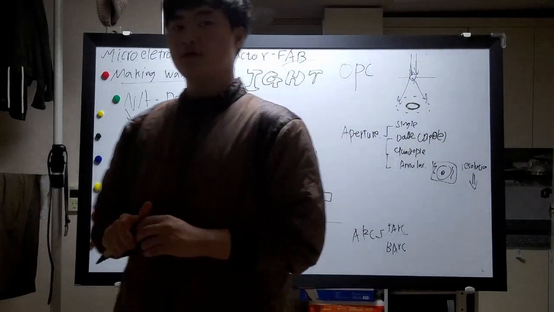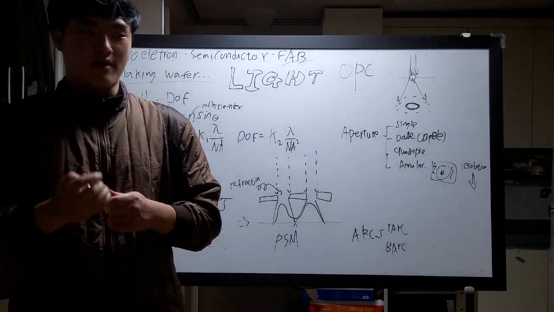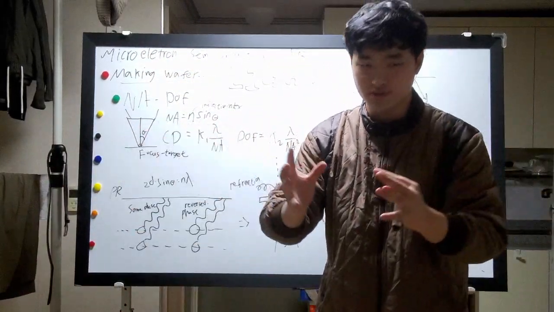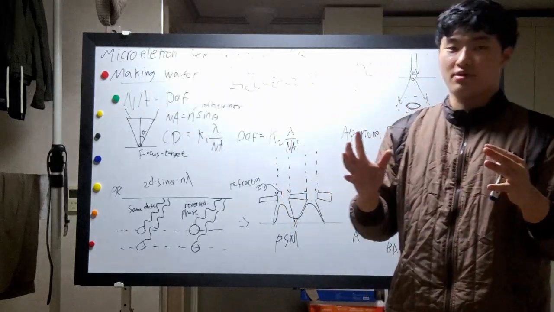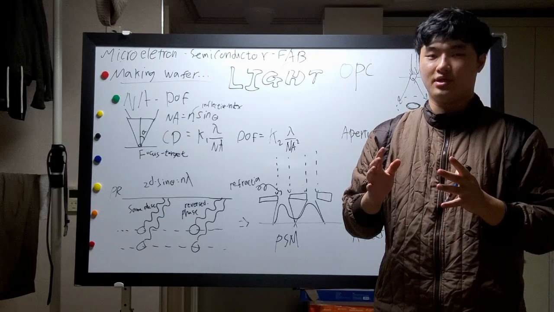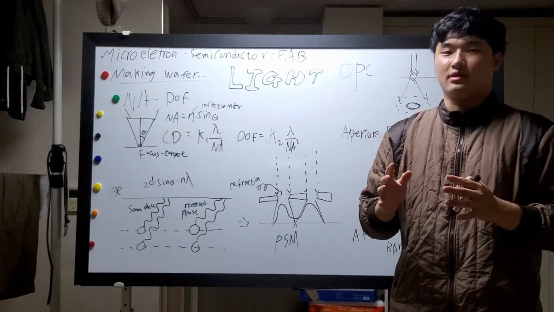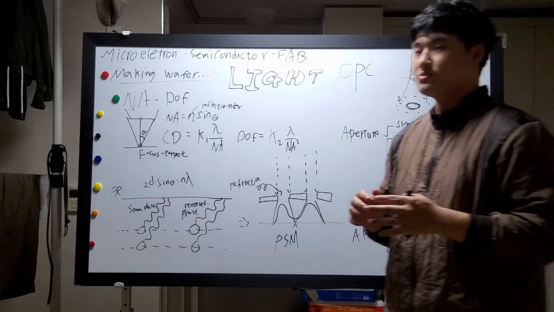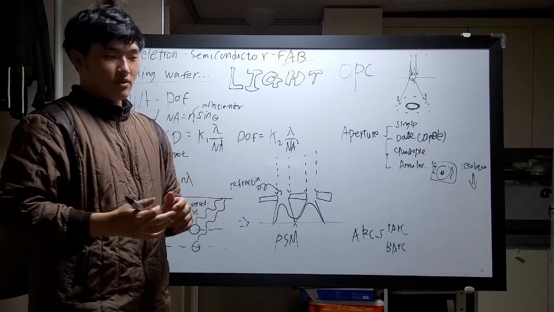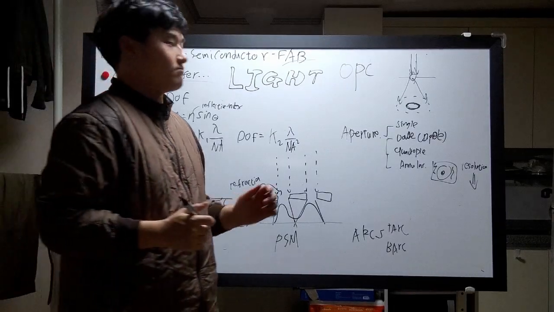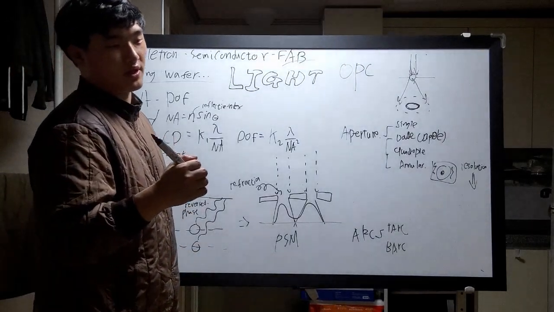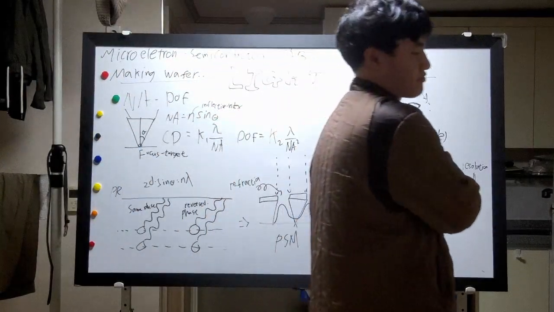So the pattern size will be larger or smaller than we expected. So you will have some unwanted result when making semiconductors, and it will change the acting mechanisms of the semiconductors. So for these factors, we must have some solutions that can overcome these problems.